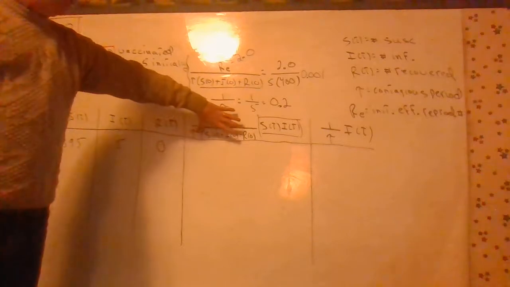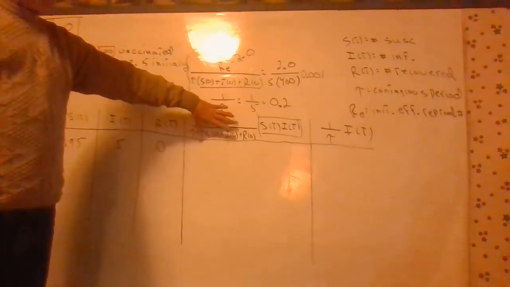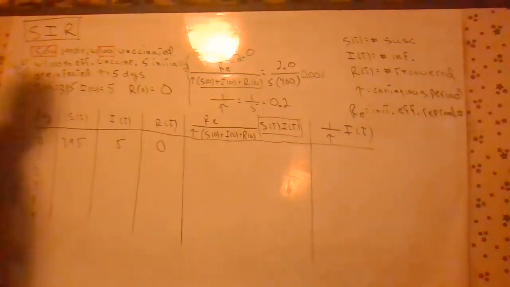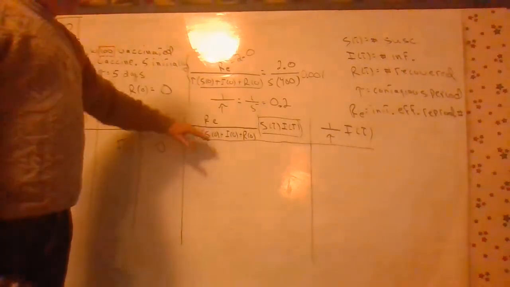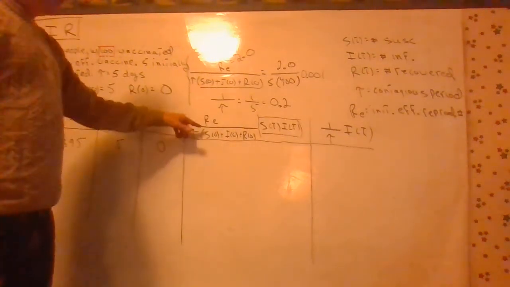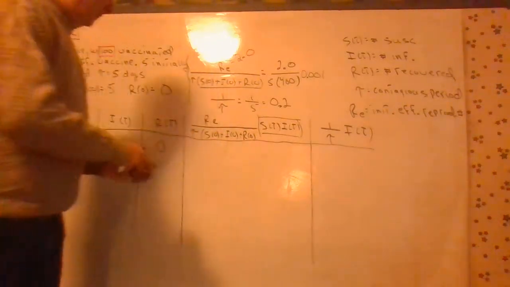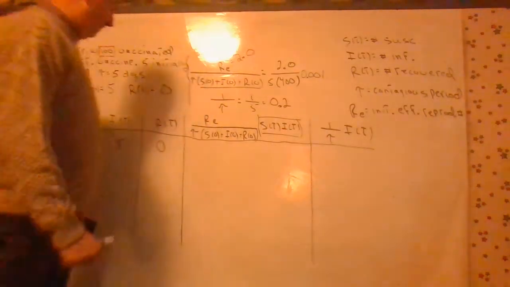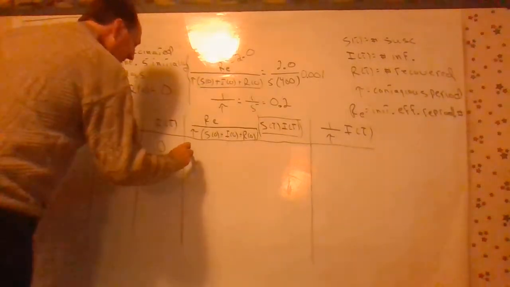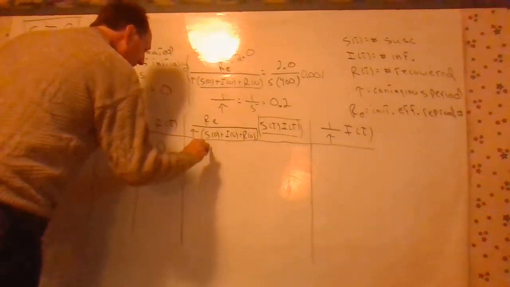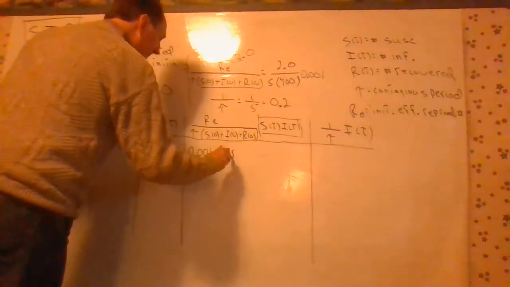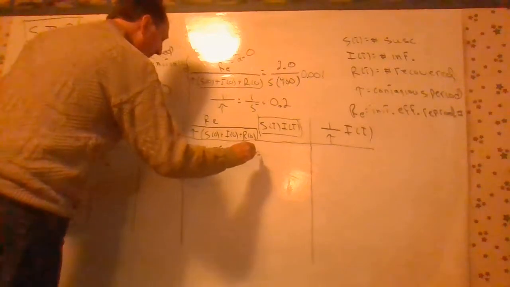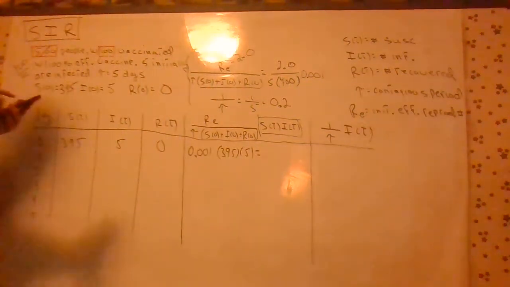And this replaces our proportionality constant, which we called C. Now we've connected that C with these epidemiological variables, R sub E, tau, and how many people we start with. It's nice to be able to just plug these right into the model. So we're going to have this coefficient 0.001 times 395 times 5 equals, now we have to calculate that.